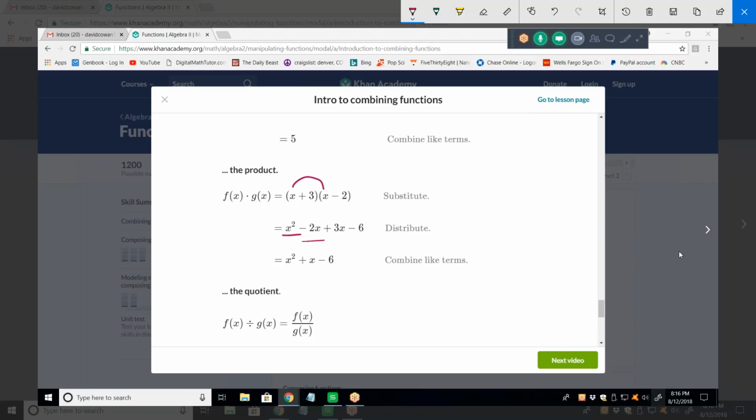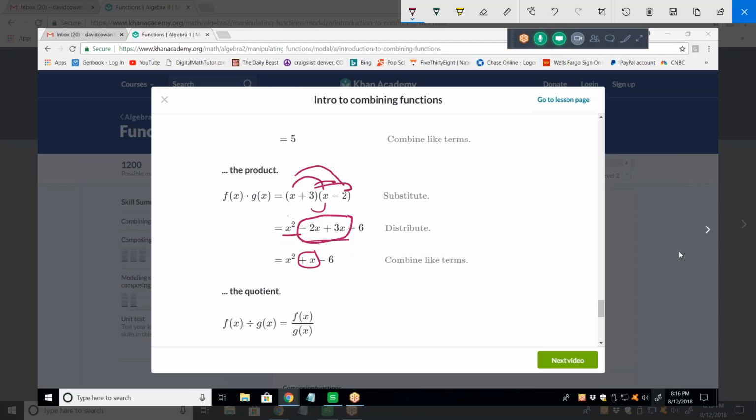Usually the next 2 terms come from the O and the I. In other words, the outside is minus 2x. The inside is plus 3x. There you go. Minus 2x plus 3x gives you plus x. And then the last term is usually the last 2 terms multiplied together, which is minus 6.